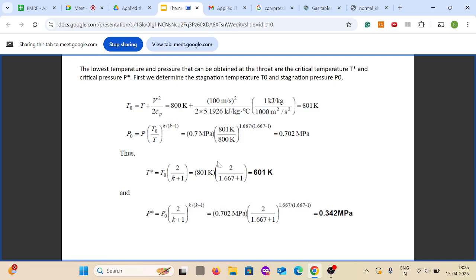Since for a throat section, T star is defined as T naught times 2 by (gamma plus 1). So T naught is 801, and 2 divided by (1.667 plus 1) gives you T star as 601. And P star will similarly be P naught multiplied by (2 by gamma plus 1) raised to the power gamma by gamma minus 1.